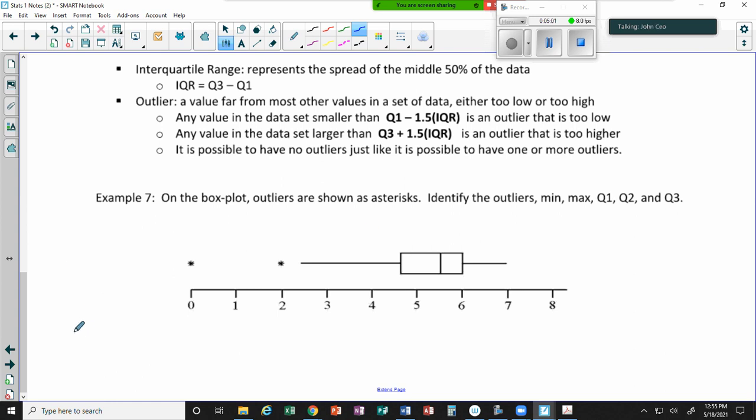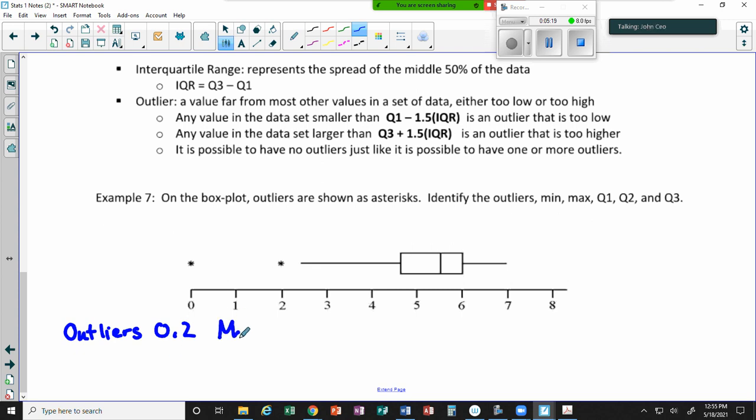So what are the outliers here? The two that are not part of the box and whisker. Okay, these two asterisks. So 0 and 2 are the outliers.